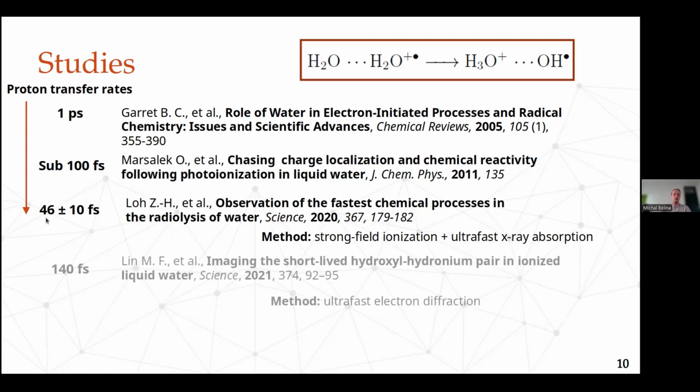A year later, a different study, looking more at these two species, not directly at the proton, was published with a significantly larger time, and here one might see some kind of discrepancy.